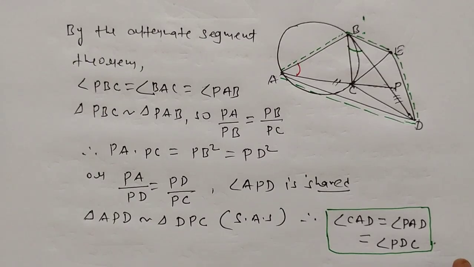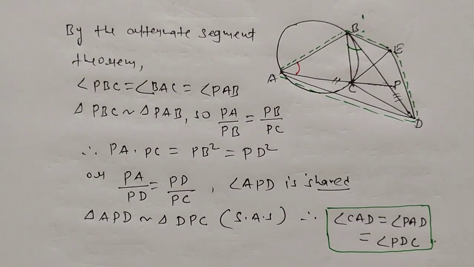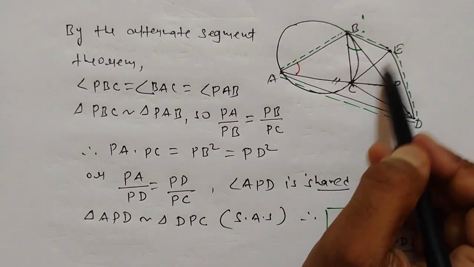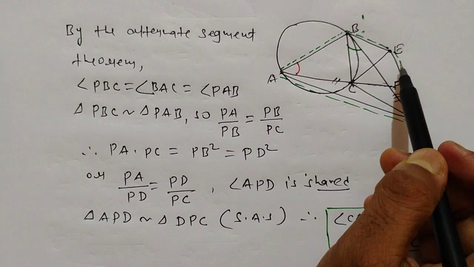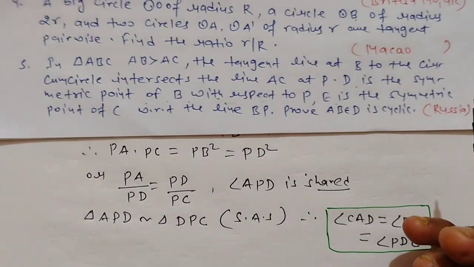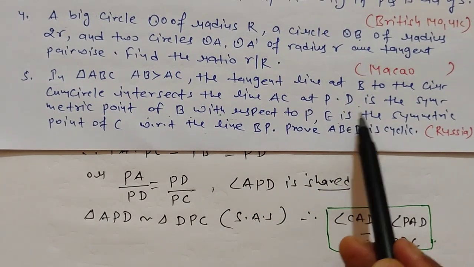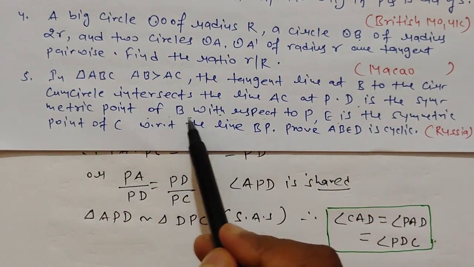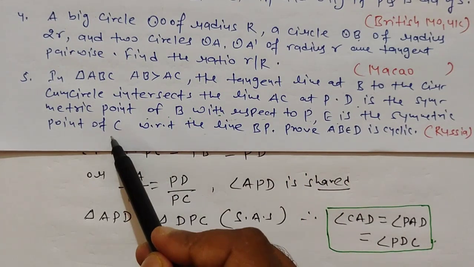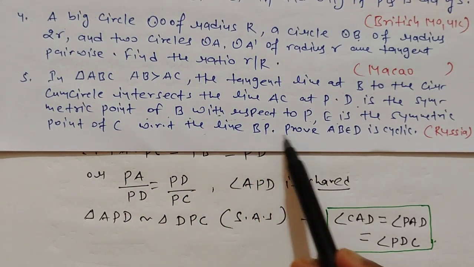We can see now, on the other hand, here C and E both are symmetric, and this is given in the problem that D is the symmetric point of B with respect to P, and E is the symmetric point of C with respect to the line BP.